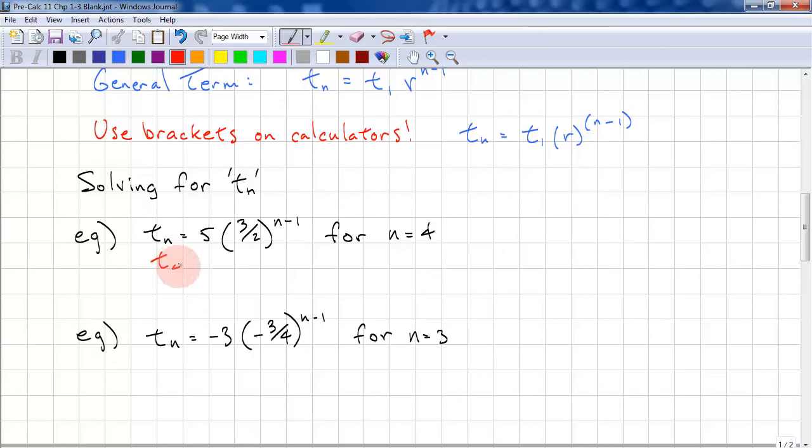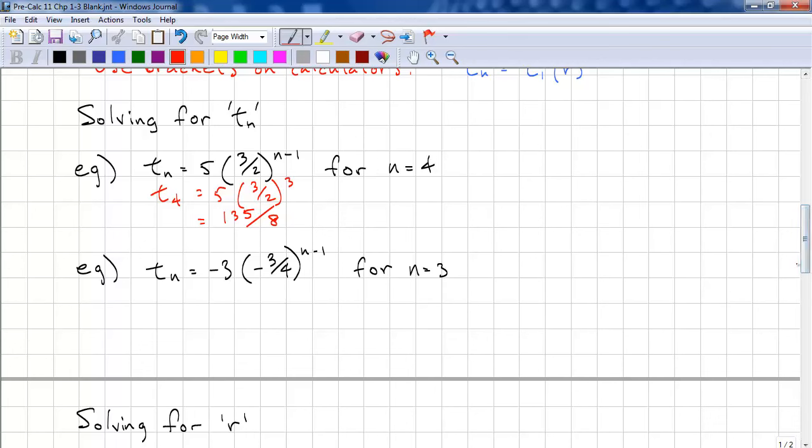So t of 4 equals 5, 3 over 2, and 4 minus 1 is 3. And this is 135 over 8. And it's okay to leave it as an improper fraction for this course. Now we need to find t of 3.